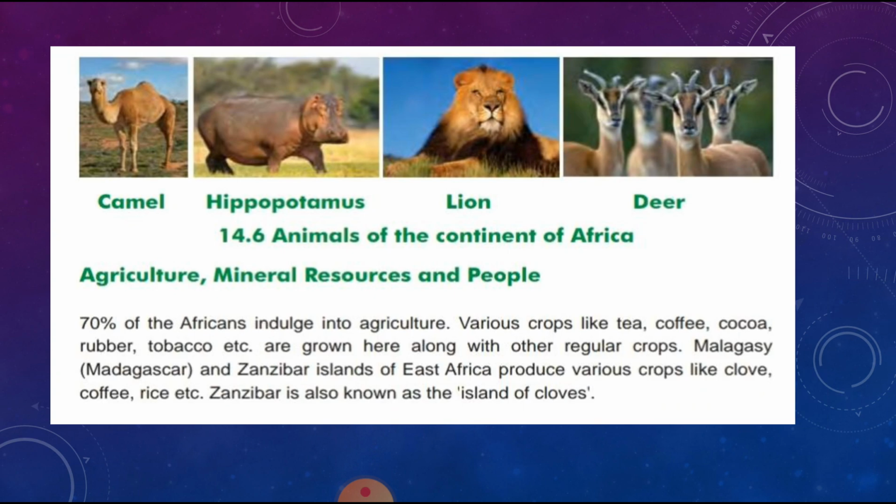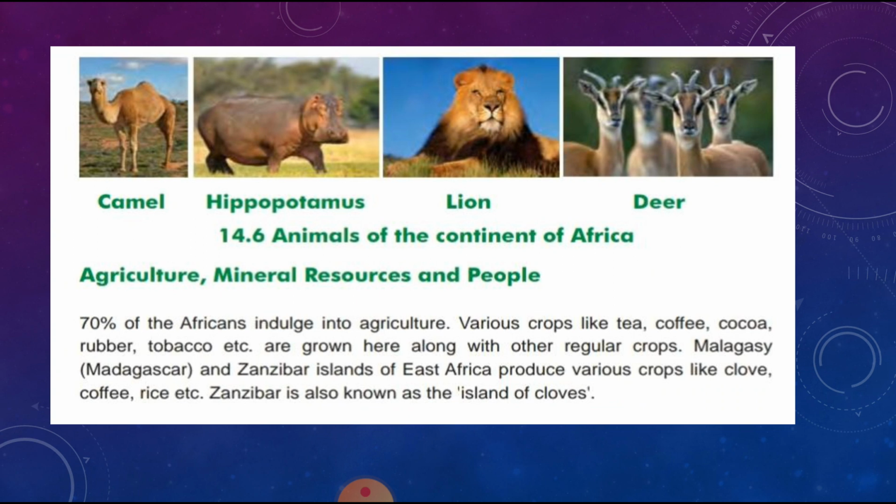Now, when we discuss the agriculture, mineral resources, and people of Africa, in the figure you can also see the animals of the continent of Africa. They are camel, hippopotamus, lion, deer.